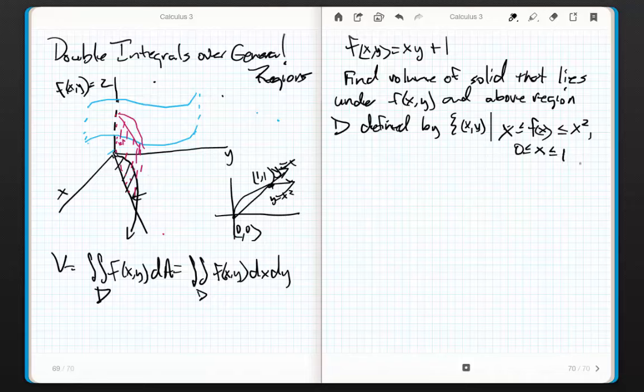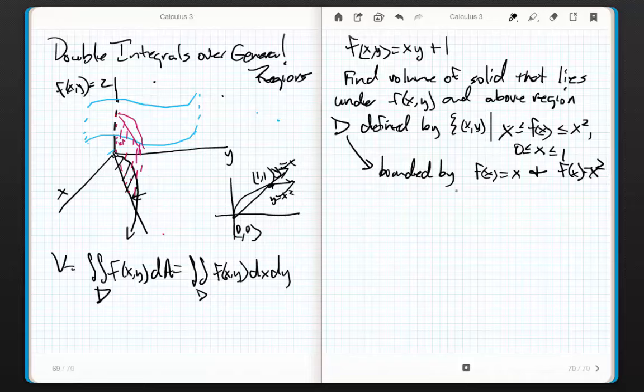That's a little cumbersome. Sometimes you would just say it's bounded by, which incorporates all of this into one word. So let's say bounded by f of x equals x and f of x equals x squared.